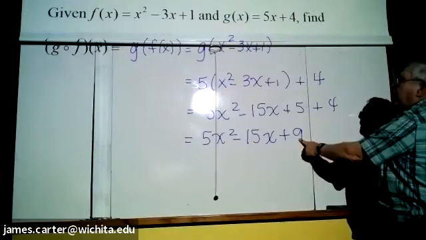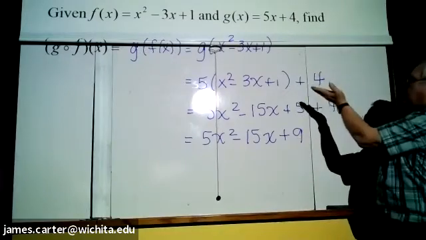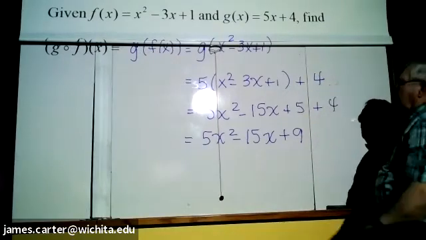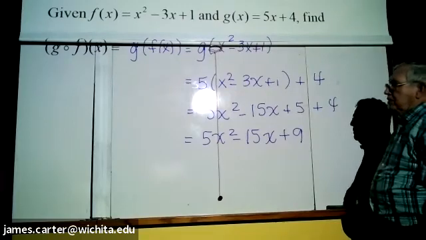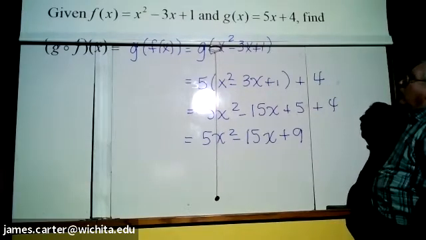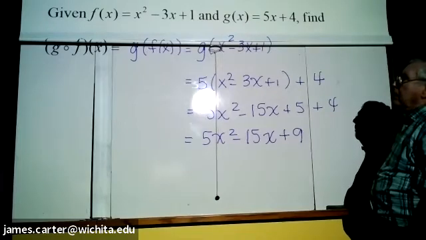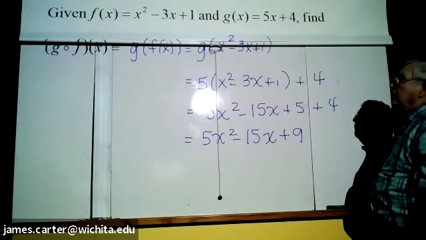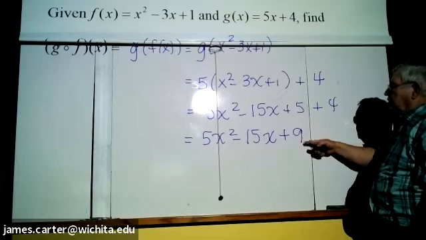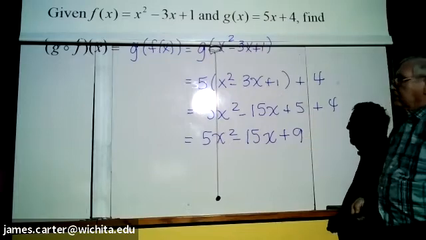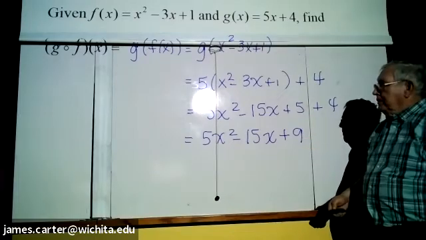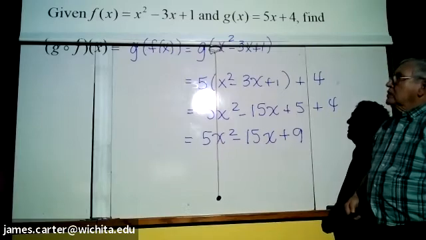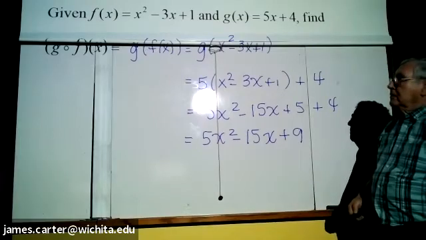And this 9 is going to raise up the height from 0, 1 for the y-intercept to 0, 9 for the y-intercept. So it's shifting it up and making it steeper is what this composition resulted in.